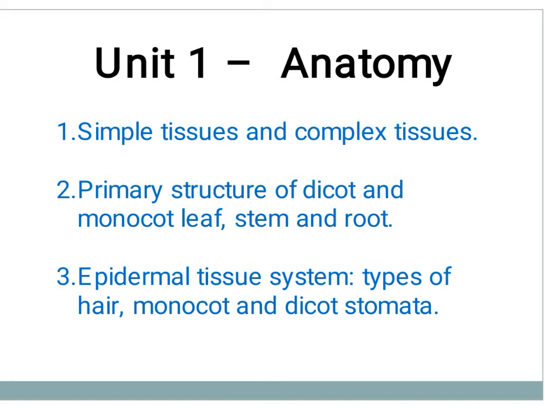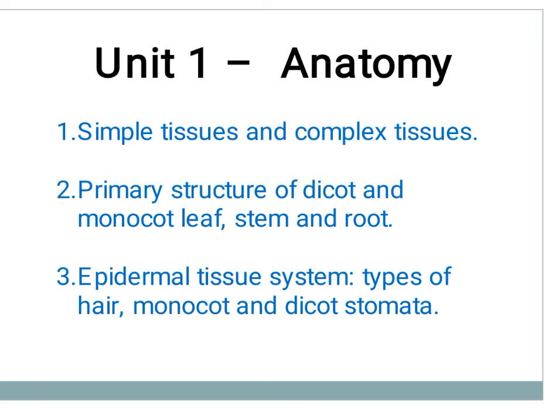You all know that all living organisms are made up of cells and tissues, and in this unit we have to study the simple tissues and complex tissues present in the plant. In simple tissues: parenchyma, chlorenchyma, aerenchyma and sclerenchyma, and in complex tissues: xylem and phloem.